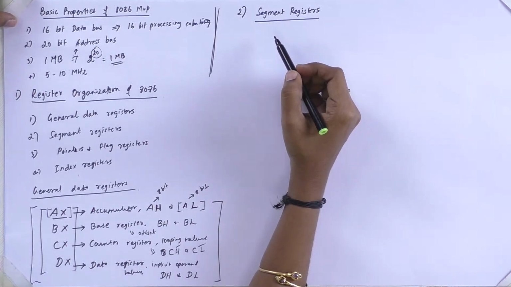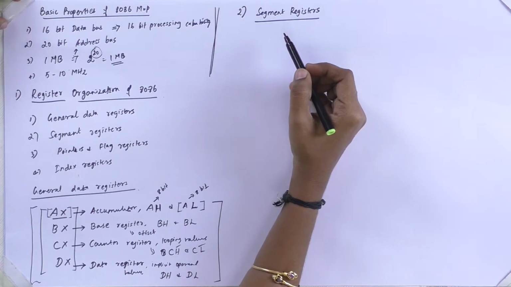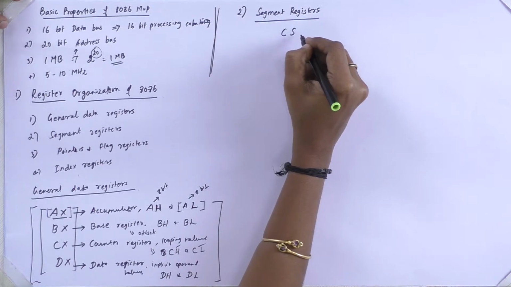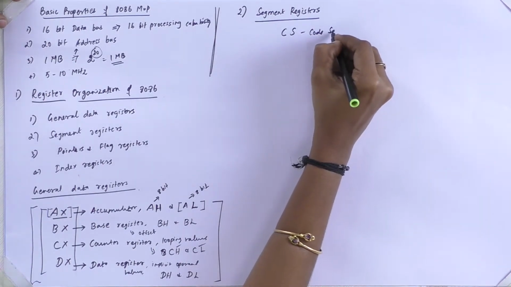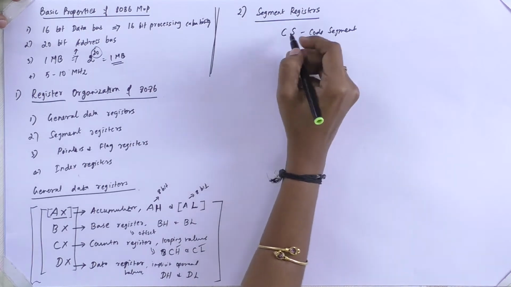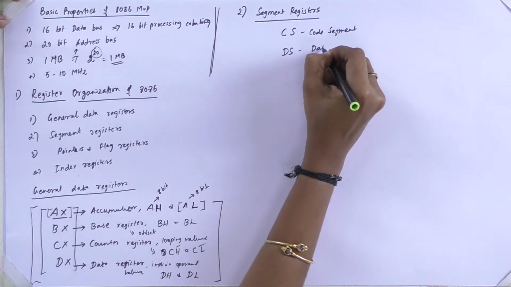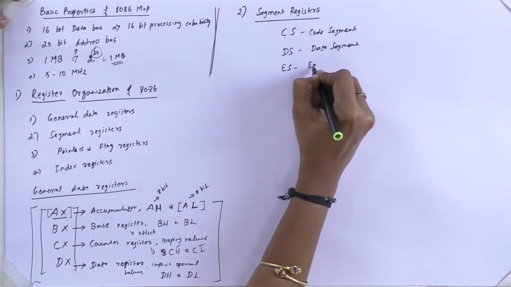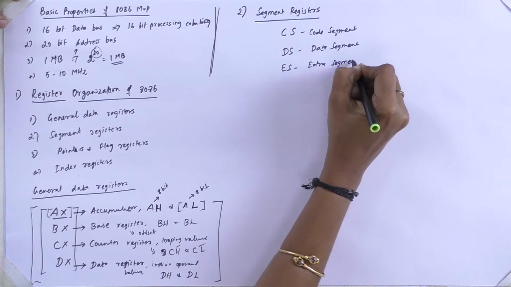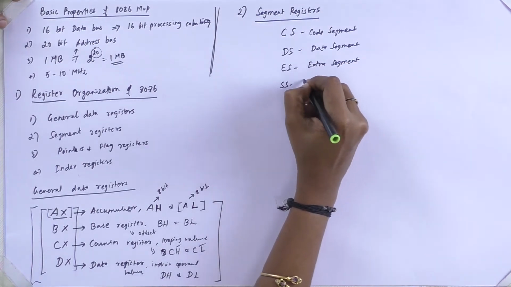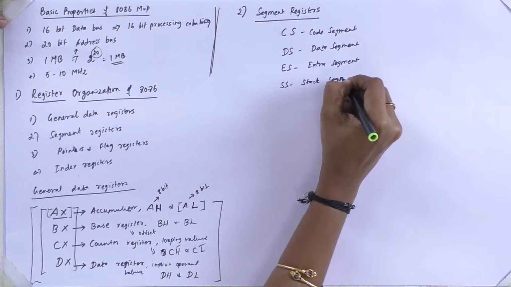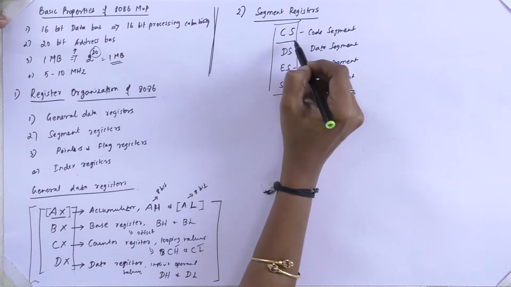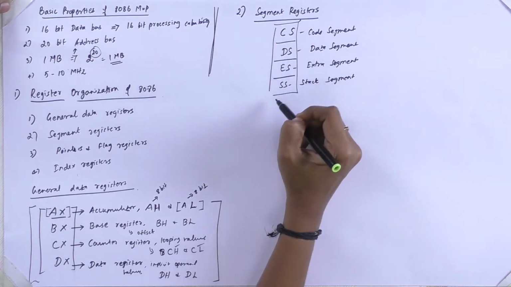The segment registers are further classified into 4 types: CS, code segment, DS, data segment, ES, extra segment, and SS, stack segment. So these are the 4 types of segment registers: CS, DS, ES and SS.